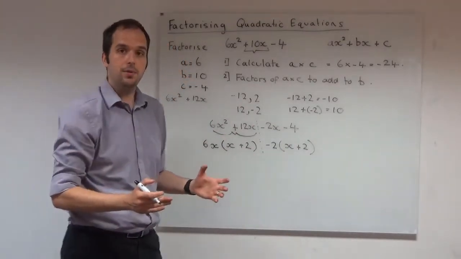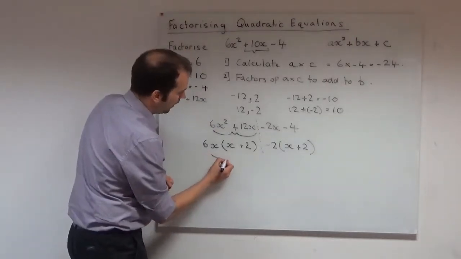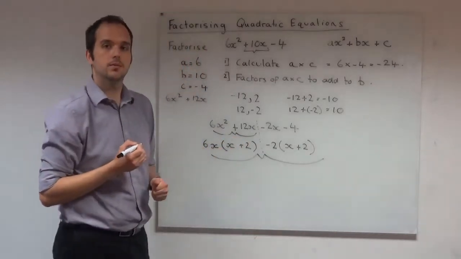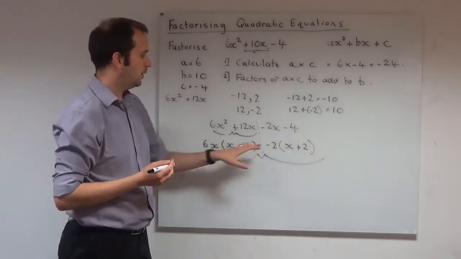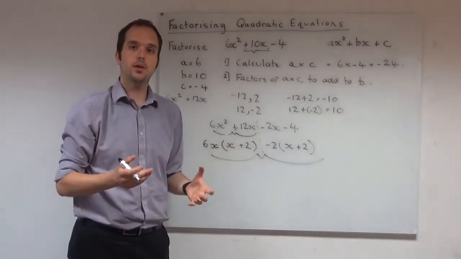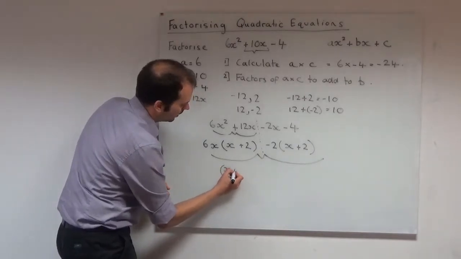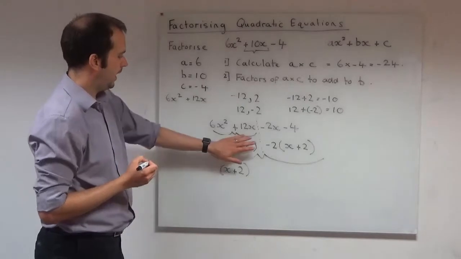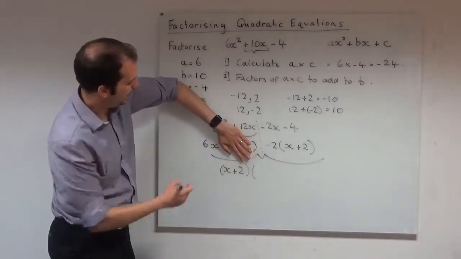The final step, and then we're almost there, is to factorise the whole expression. What can we see that both terms have got in common? They've both got an x plus 2. So I'm going to take that out as a common factor. And if I take the x plus 2 away from here, if I cover that up, what am I left with?